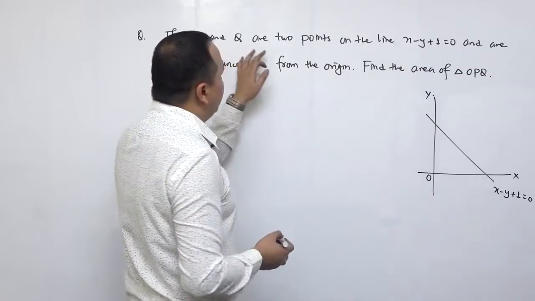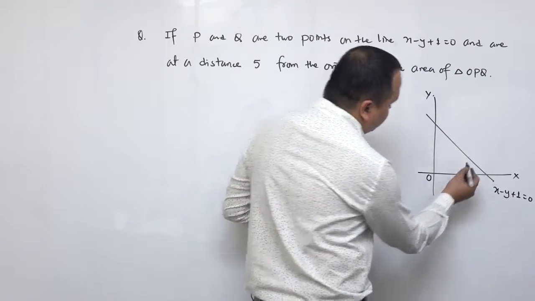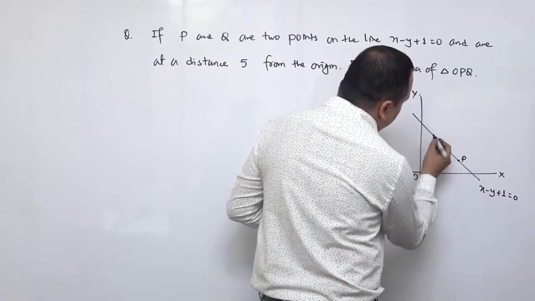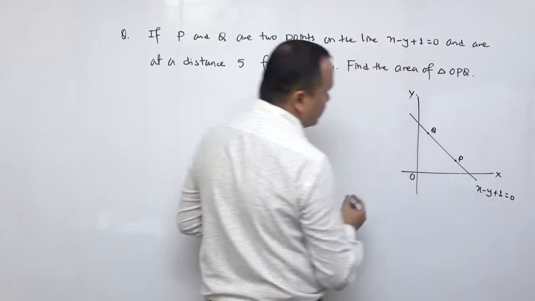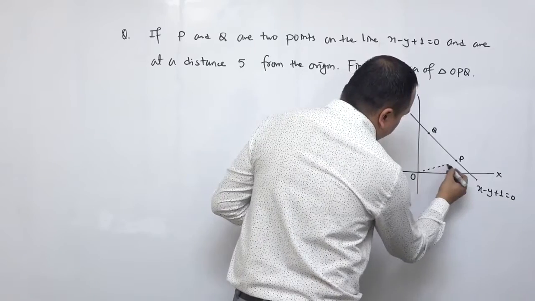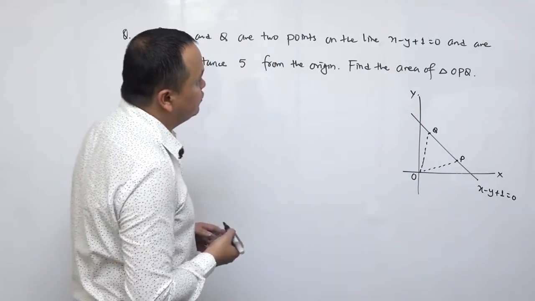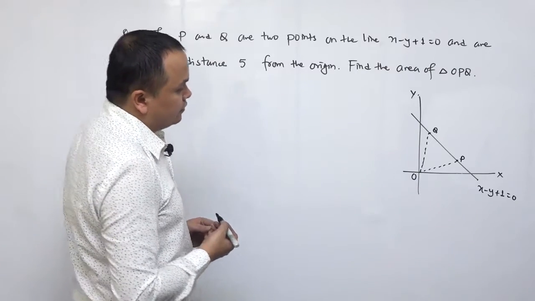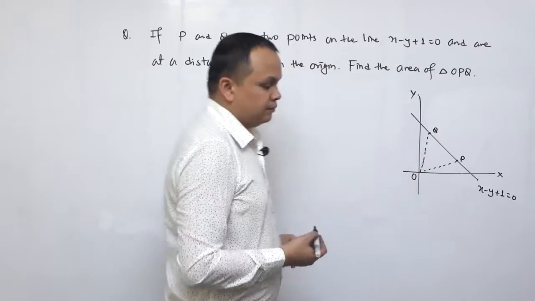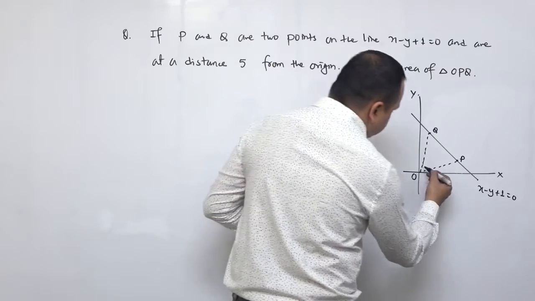P and Q are 2 points on this line. Suppose this is P, this is Q. Now we need to find the area of triangle OPQ.